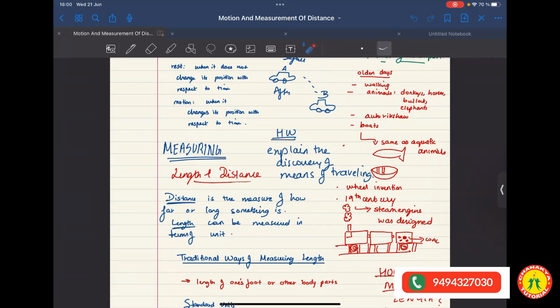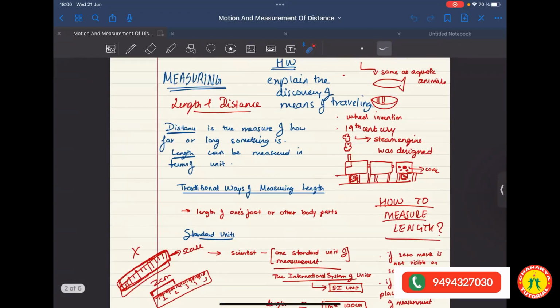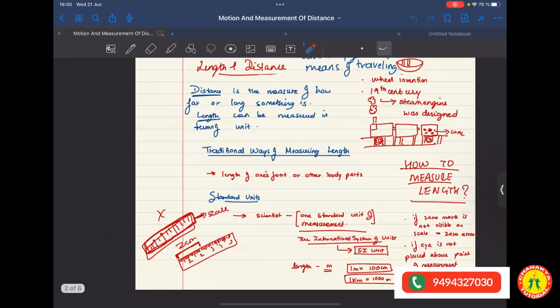There are different traditional ways of measuring length. In earlier days, length was measured using a foot. So you ask how many feet this house is. You measure the number of feet that covers the house and say this many square feet.